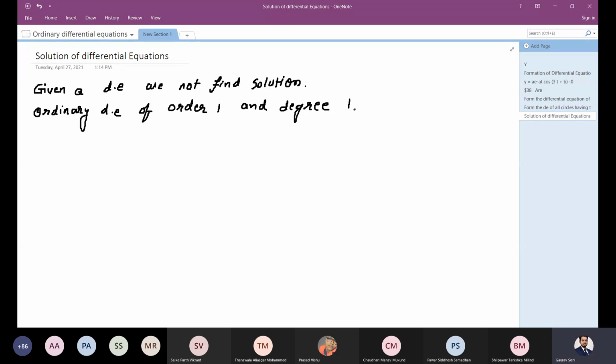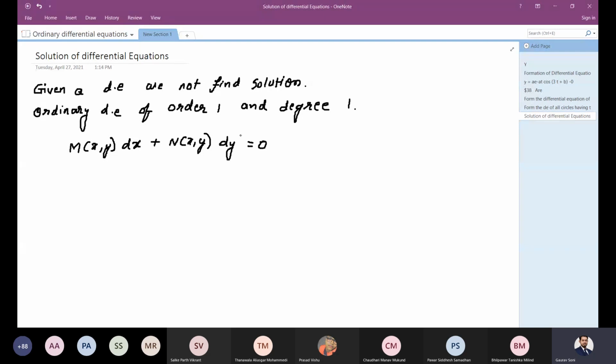Every such differential equation will look like M(x, y) dx plus N(x, y) dy equal to 0.